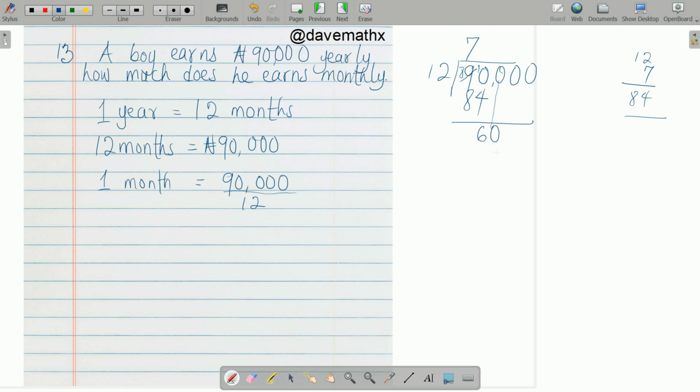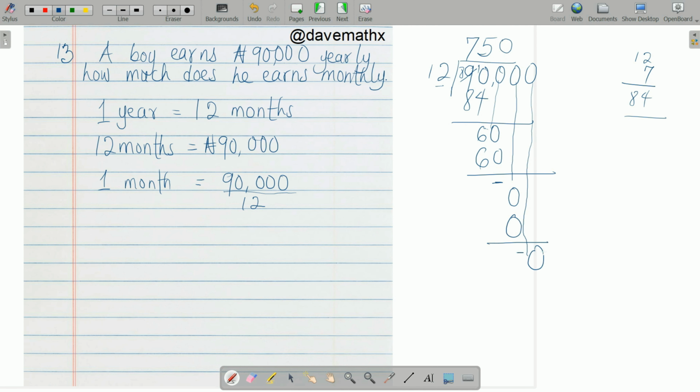I'll then bring down my first 0. I'll divide 60 by 12 after that. Following that, I get 5 with no remainder. Afterwards, I'll drop another 0. I'll divide 0 by 12 once again. As you are aware, 0 divided by any number equals 0, with no remainder.